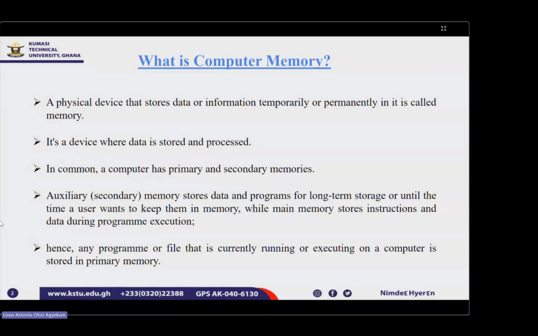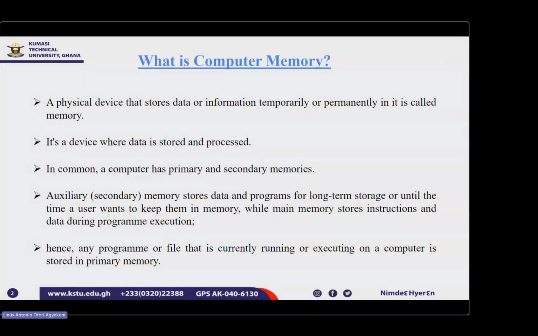So basically, what I'm saying is that, in short, we can classify computer memory into primary and then secondary memory. Now, when we take a computer, the memory that keeps all the data for execution of programs, the memory that runs the operating system, etc., is what we term as the primary memory. And then when we talk about secondary memory, which can also be termed as auxiliary memory, this kind of memory stores data for long term.